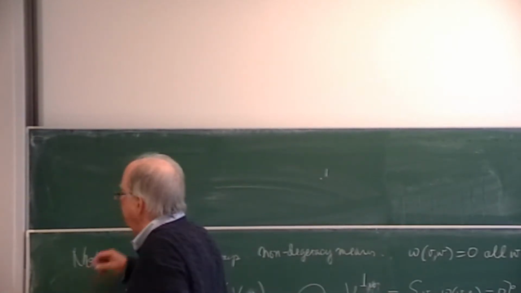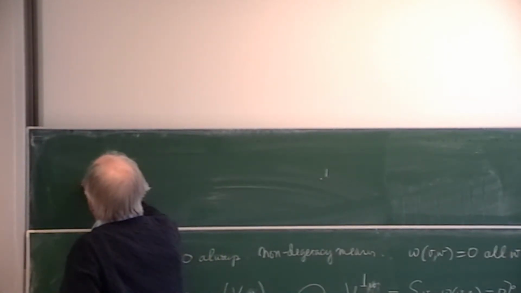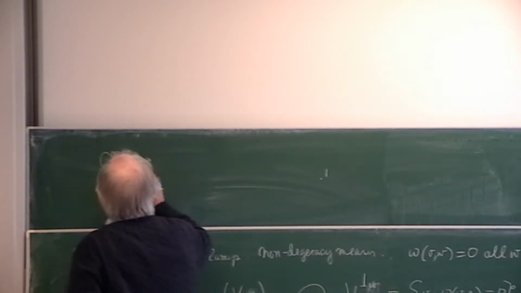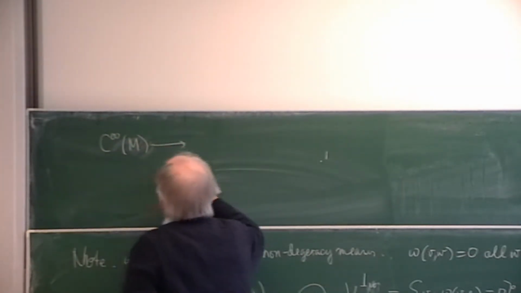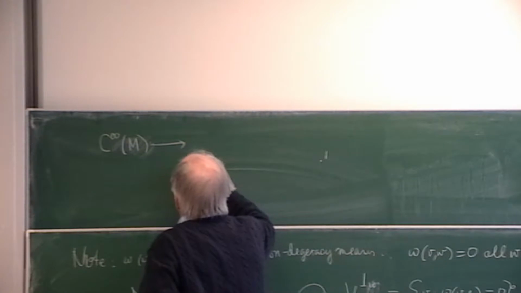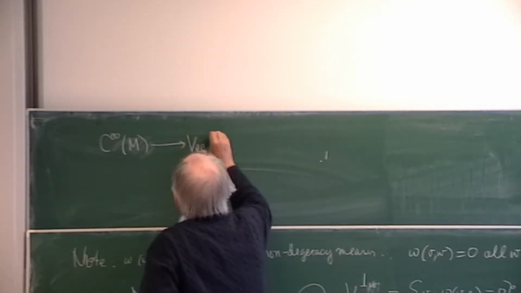Here is the first step. We will consider a mapping of the C infinity functions on the manifold to vector fields.